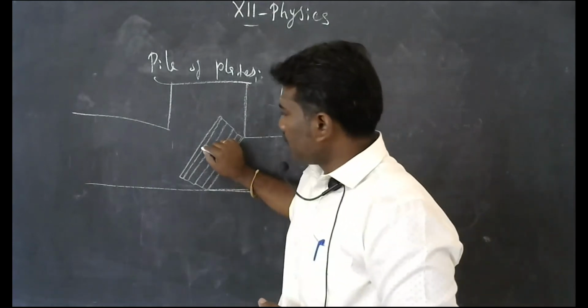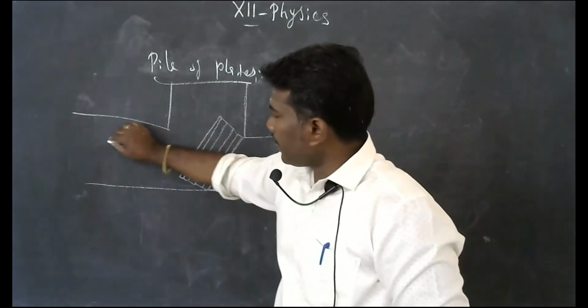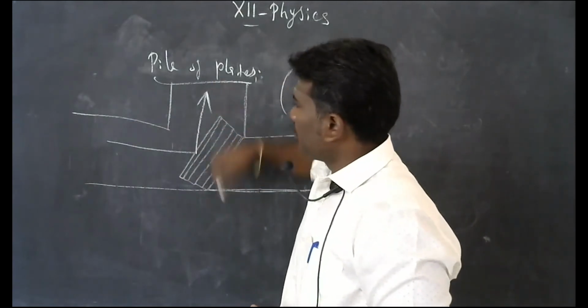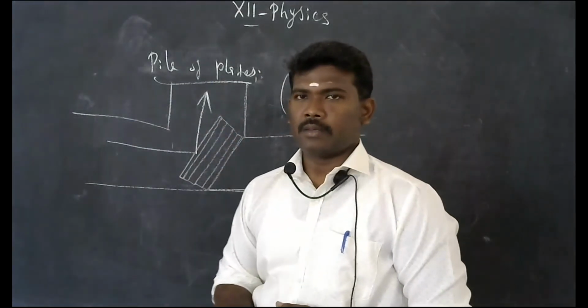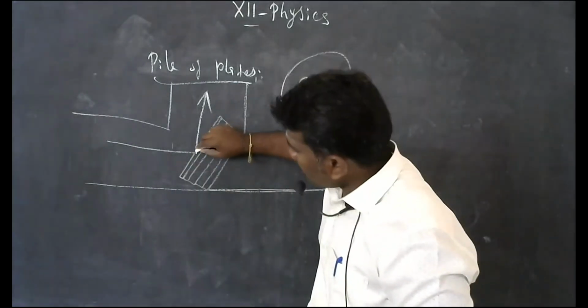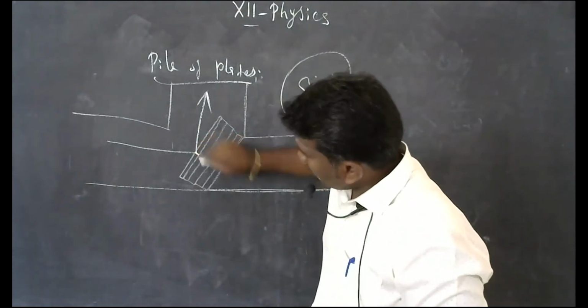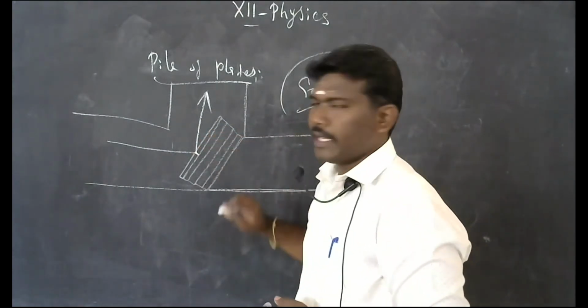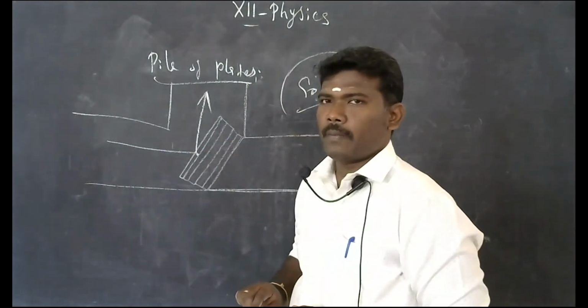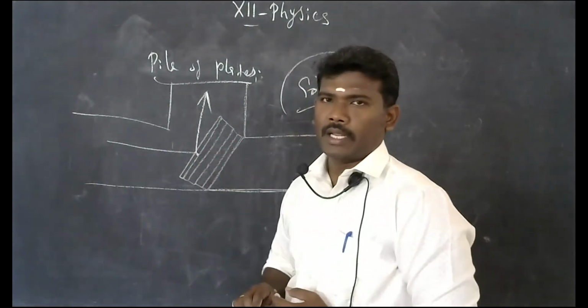If you are using a single plate, and the light ray is incident here, we know that the reflected ray is completely polarized because the vibration is parallel to the reflecting surface. Some of the rays are refracted through the glass material, and this refracted ray is partially polarized light.